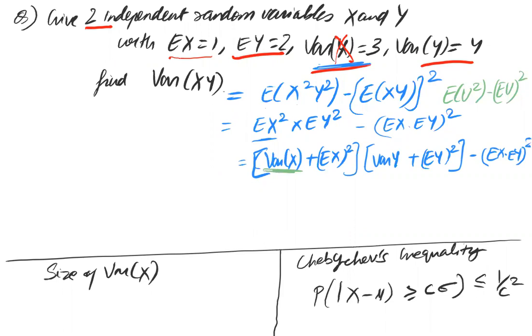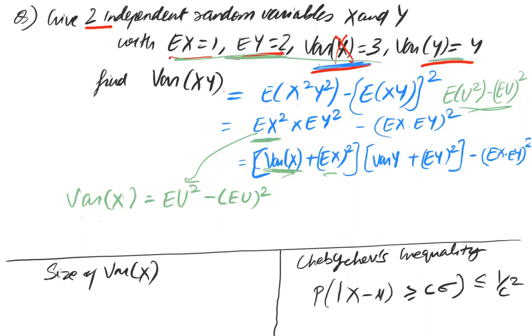So this also comes from this value, that the variance of X can be written as E[U^2] minus E[U] the whole square. And I have the value of E[X^2]. So I just plugged it in here and I got it in terms of variance of X and the expected value of X. Okay. Just plug in the four values given here, that is the expected values of X and Y and the variances of X and Y, and you can get the answer of the variance of XY.